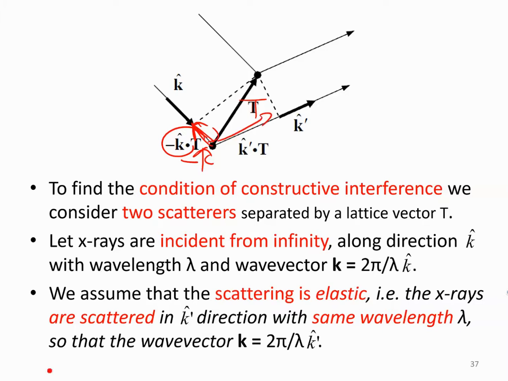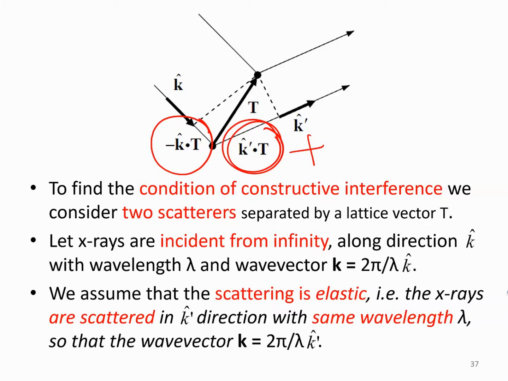And now the path difference will be K prime dot T plus negative K dot T. So this is the path difference.